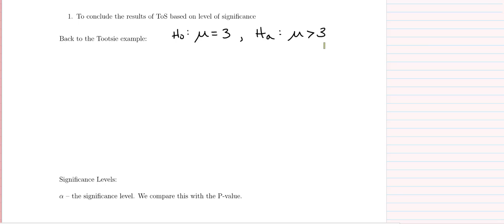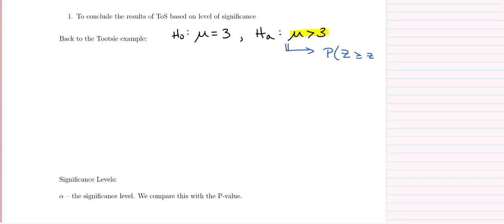We're dealing with a scenario where mu is greater than 3, so that implies that our p-value is going to come from the probability that z is greater than or equal to little z.